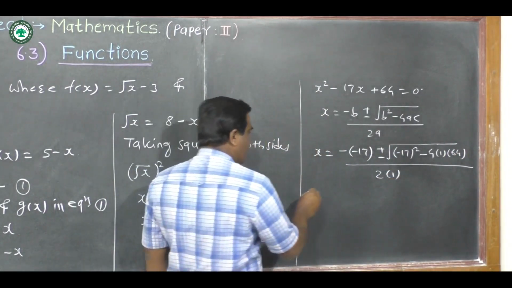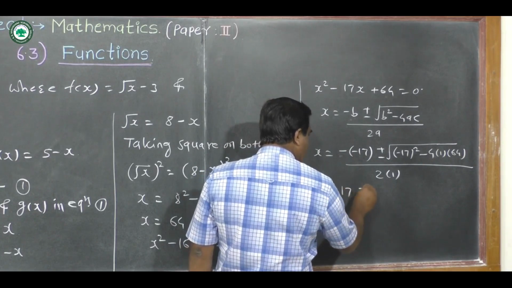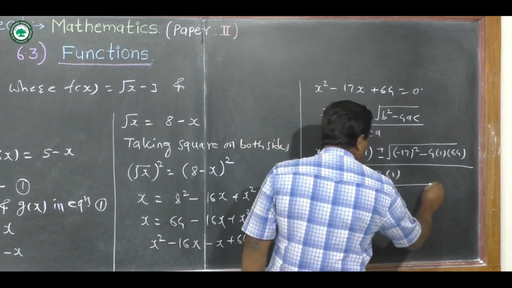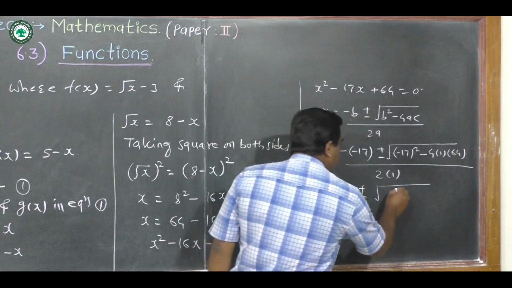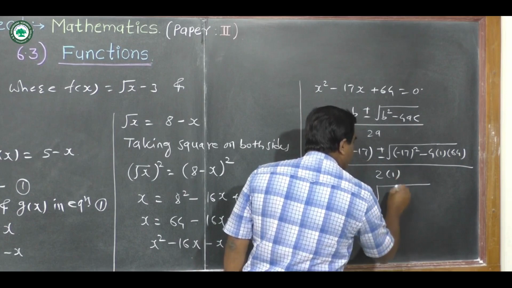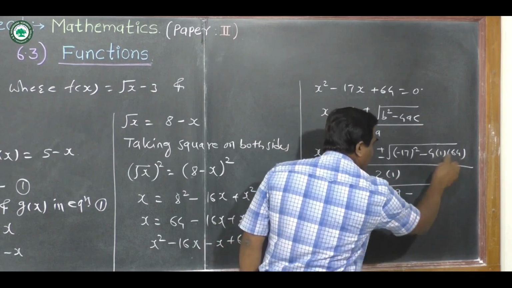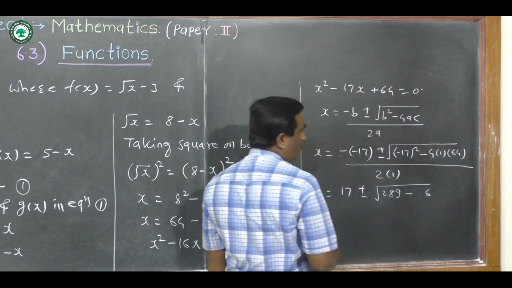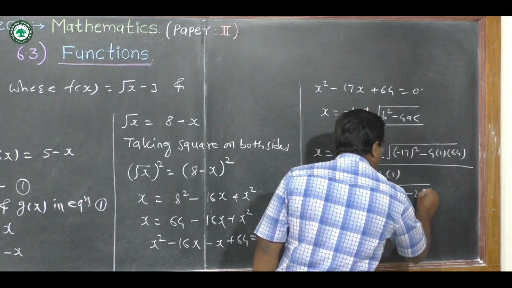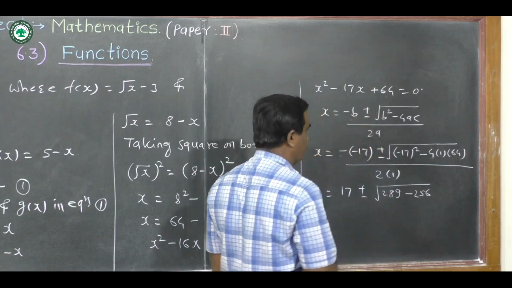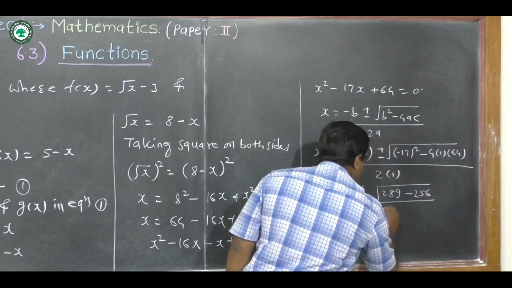Okay, that is x is equal to minus into minus plus, 17 plus or minus under root square of 17, 289, minus 4 into 64, 256, upon 2 as it is.